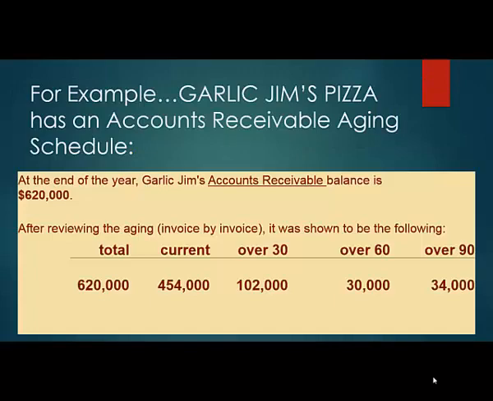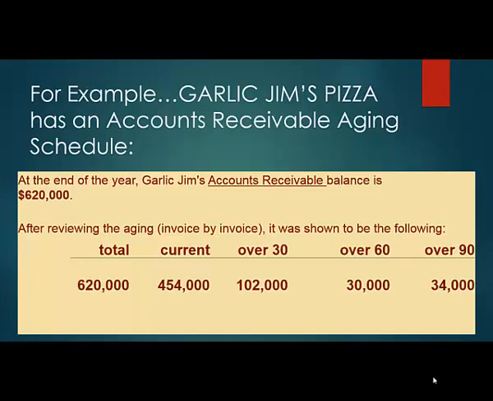As you can see, most of these are current. $454,000 is current, which means in the United States it's from 0 to 30 days old. Again, to the far left is $620,000, the grand total.